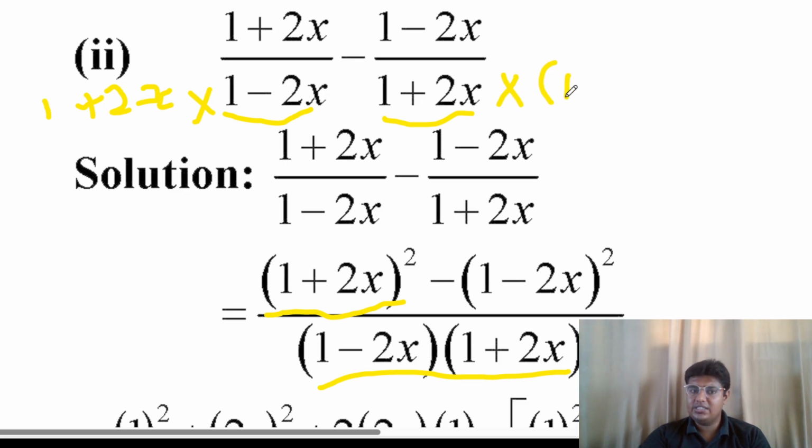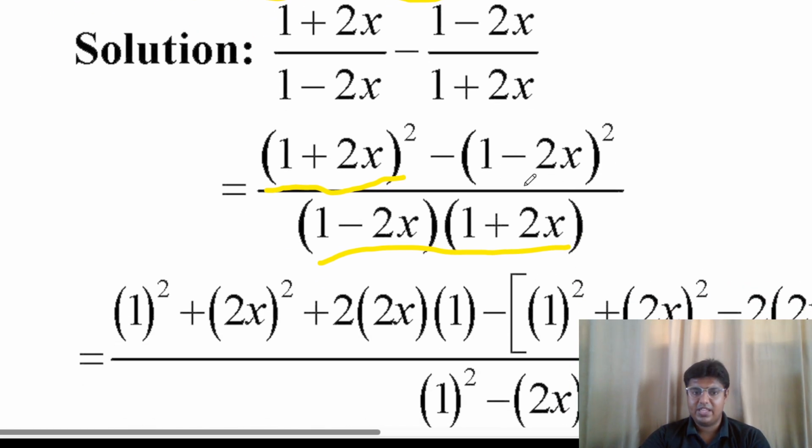Excellent. 1 minus 2x, and whatever you do with the denominator, the same working will be done for the numerator. Perfect. So here 1 minus 2x is already there, multiplied by 1 minus 2x will become (1 minus 2x) square.